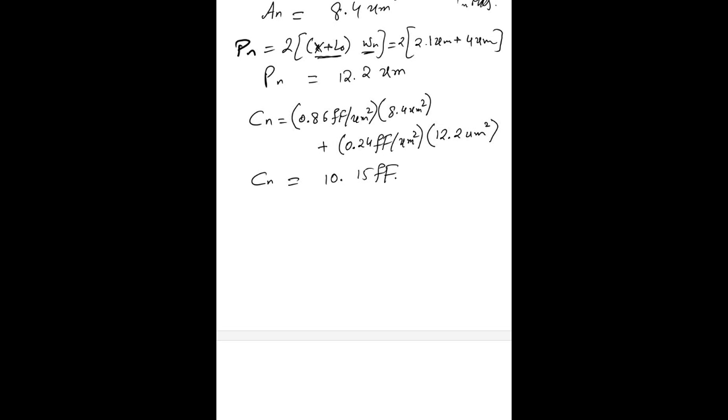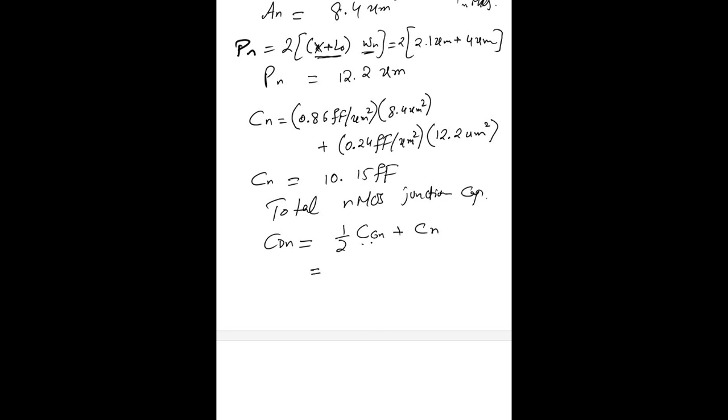And now if we have to find the total NMOS capacitance, obviously that is junction capacitance, this will be equal to CDN, which is equal to 1 by 2 CGN plus C of n.